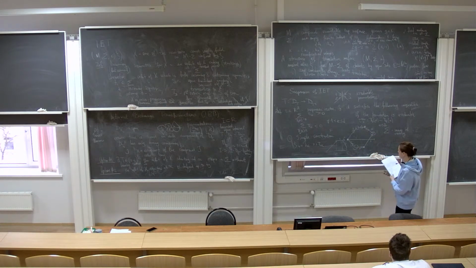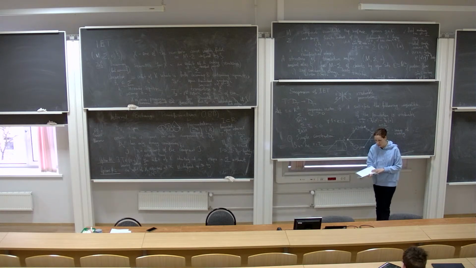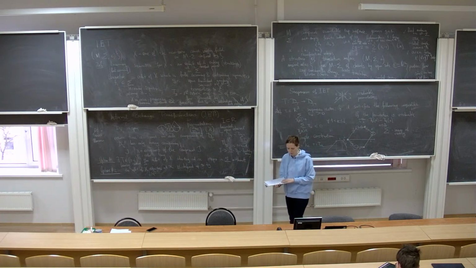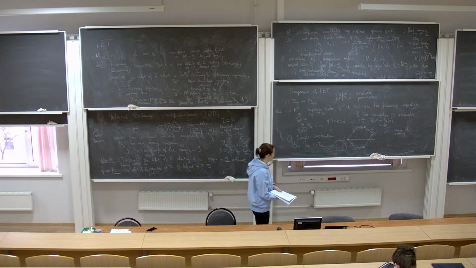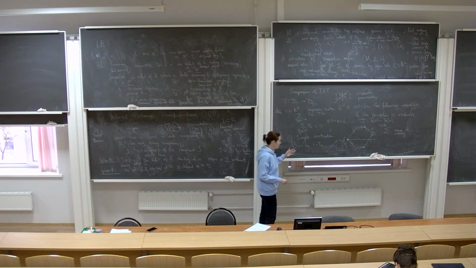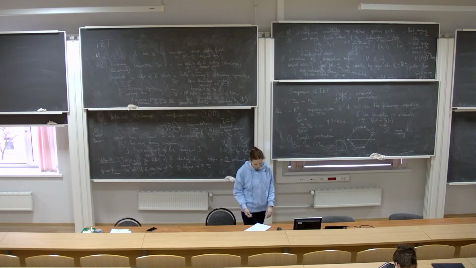So this is the first approach, showing that if you are given an interval exchange transformation with irreducible permutation, then you can always construct a translation surface such that the first return map for the vertical flow gives you the same interval exchange transformation as you started with.